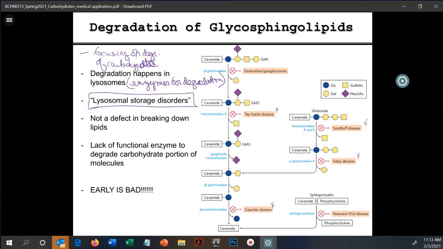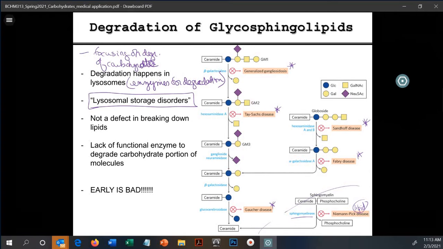They are not defects in breaking down the lipids. Niemann-Pick, this is essentially a cleavage of a lipid, right? So the enzyme that's defective there is sphingomyelinase, and so that's the odd one out. Everybody else that has the X, we're looking at a defect in an enzyme that is breaking down a specific oligosaccharide.